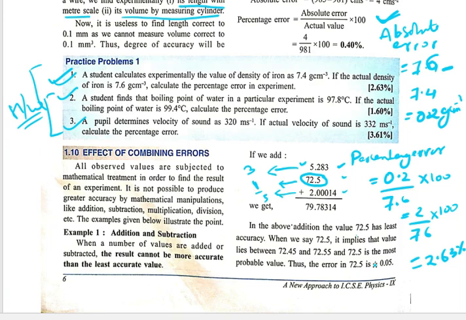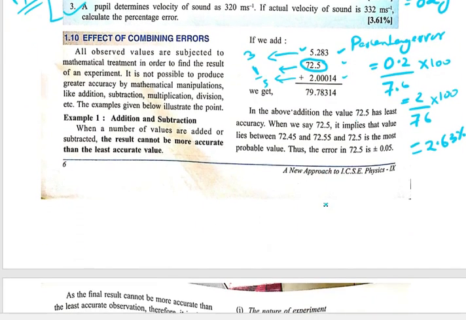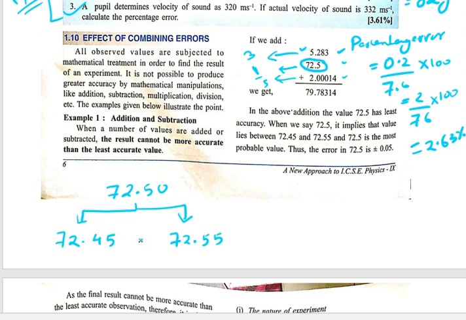How? Because in 72.5, the 5 means 50. So this can be written as either 72.45 or 72.55. That means 72.55 is equal to 72.50 and 72.45 is also equal to 72.50.